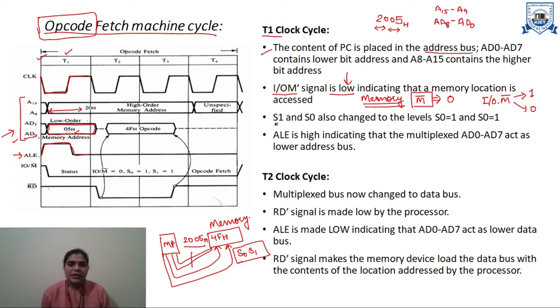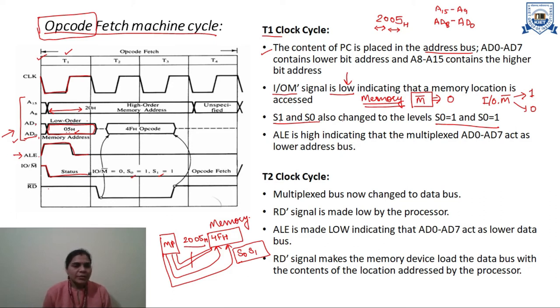Next, status bits S0 and S1 will be set to 1, denoting that this operation is an opcode fetch operation. So here this IO/M bar signal will be made 0 in the first T state, and S0 and S1 will be made 1.